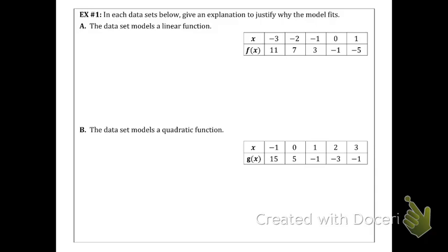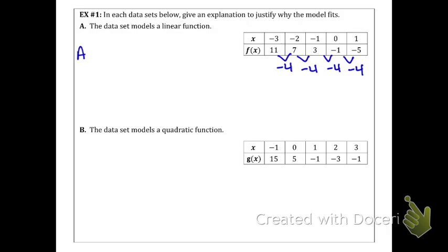All right, so in example 1, in each data set below, give an explanation to justify why the model fits. So the first thing I'm going to do is check my differences. I can see that my x's are all increasing by 1s, but my y's, I'm subtracting 4. We have a constant rate of change there.